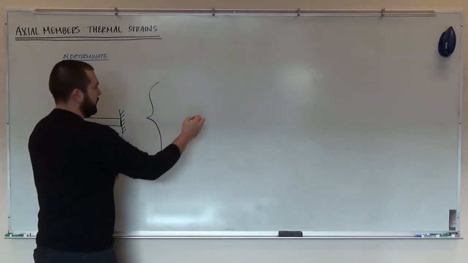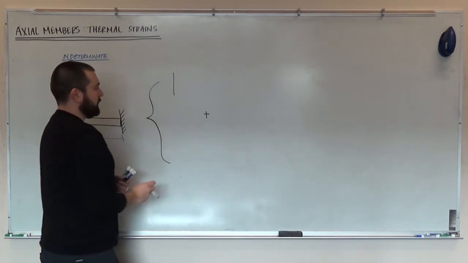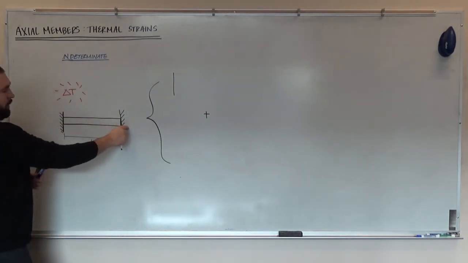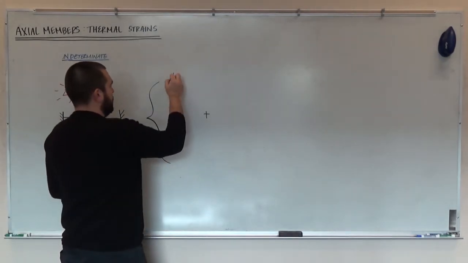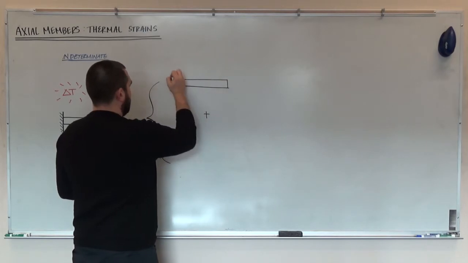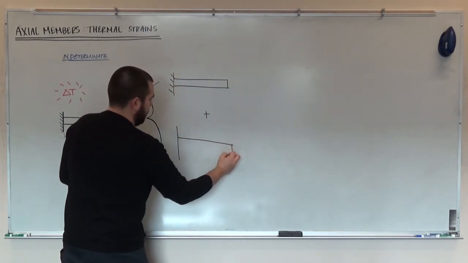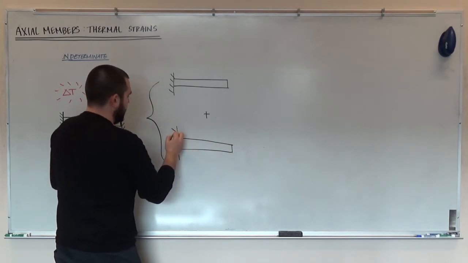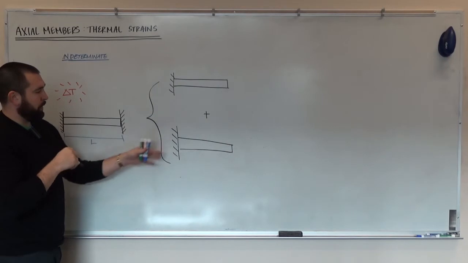So let's just say this is a superposition of two different situations. This is like the force flexibility method. I'm going to take away the support on the right-hand side, and let's go ahead and see what happens. So if I take away the support on the right-hand side, based off the force and flexibility method, that's what we call our primary system.